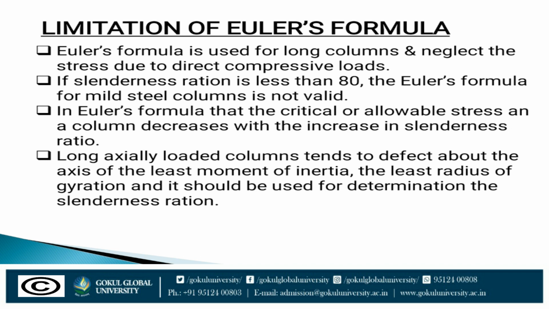In Euler's formula, the critical or allowable stress in columns decreases with the increase in slenderness ratio. A long axially loaded column tends to deflect about the axis of the least moment of inertia, so the least radius of gyration should be used for determining the slenderness ratio.